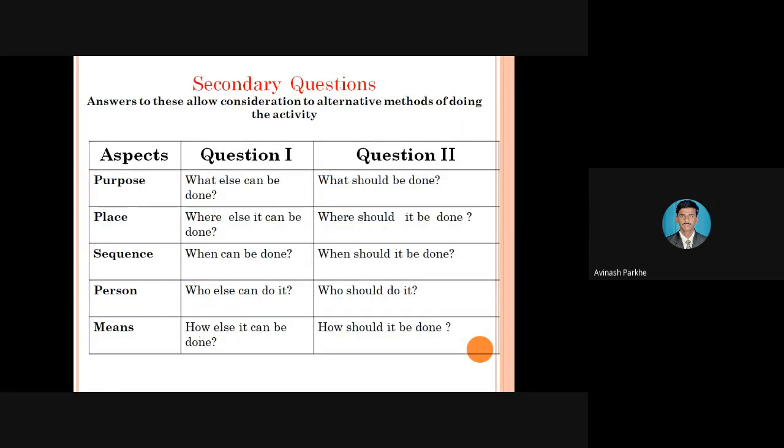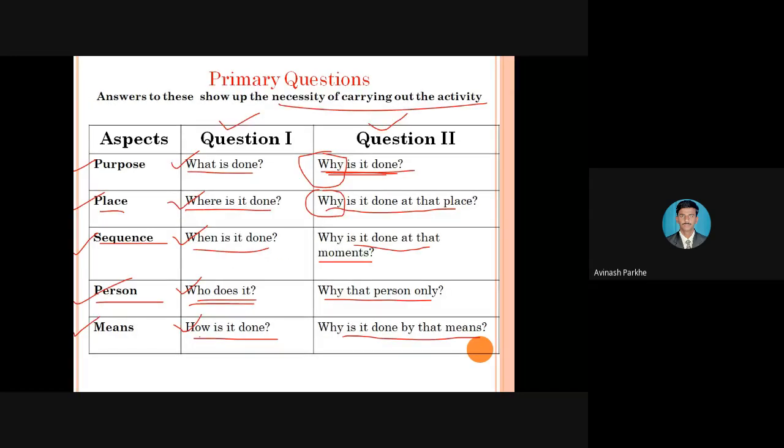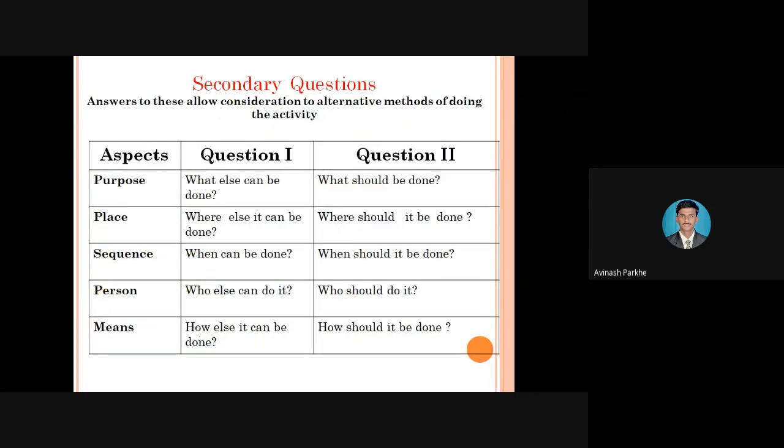Then the secondary questions, for the alternative methods. If I am performing the modification on any method, which types of questions will be asked during that modification? That is represented by the primary question. But the secondary question represents the alternative method.